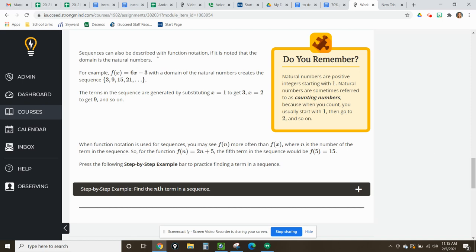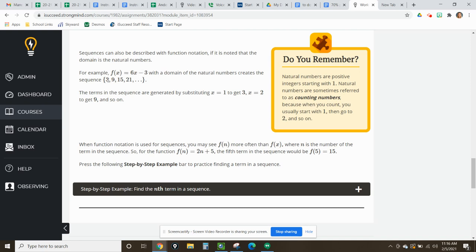Sequences can also be described with function notation. You've seen this f of x notation before. This is just another way to write a sequence, like 6x minus 3. To create a sequence out of that, we would plug in numbers. I want to plug in 1 to figure out the first term. 6 times 1 is 6, minus 3 would be 3.